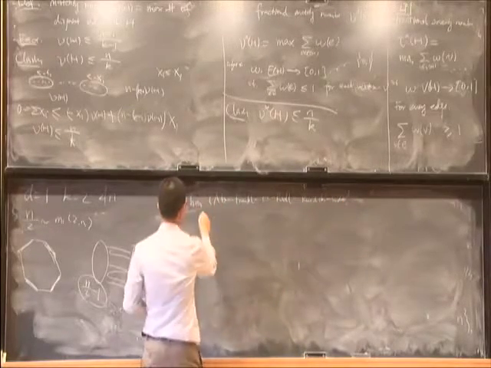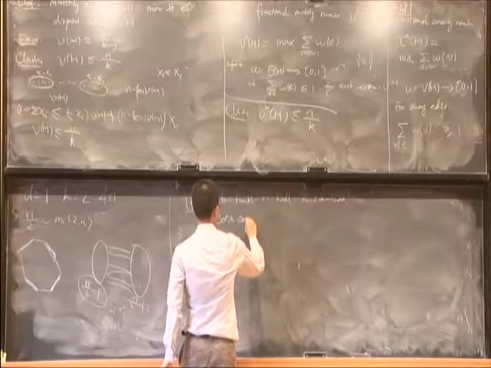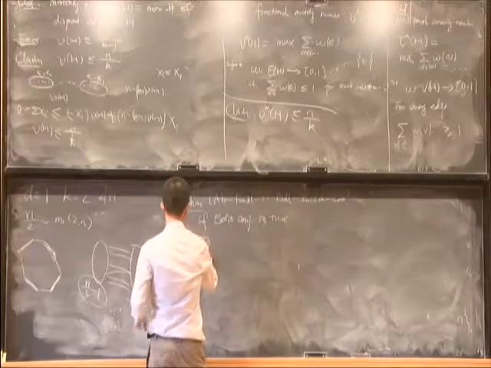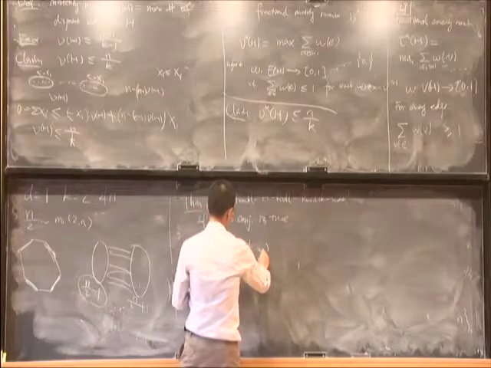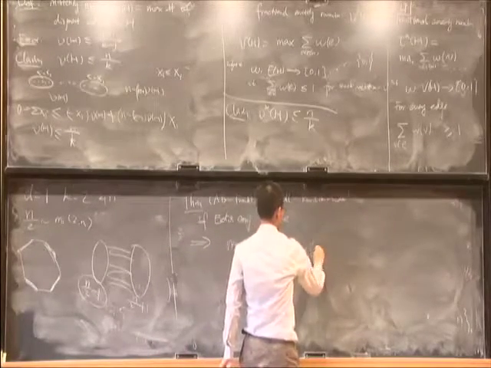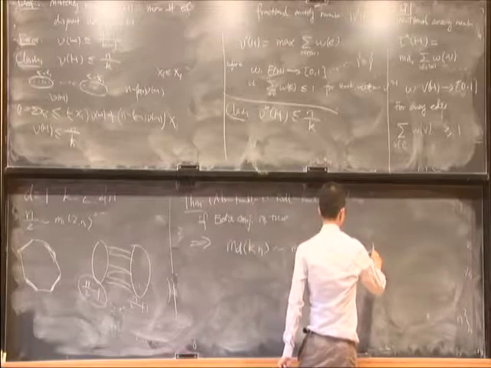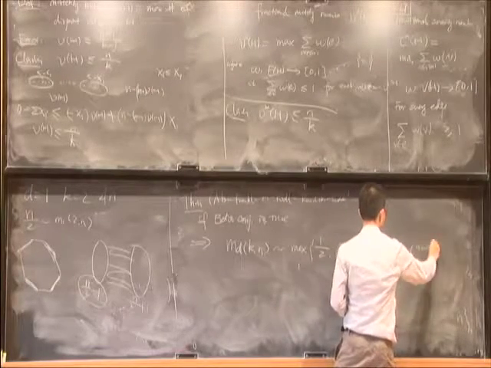So if the Erdős conjecture is true, then this implies that we know the asymptotics of m sub d of k, n: it is the maximum of 1 over 2 and 1 minus (1 minus 1 over k) to the power of k minus d, times n choose k minus d.